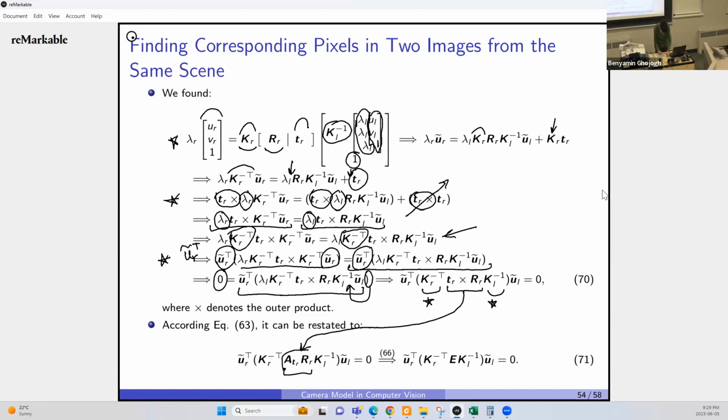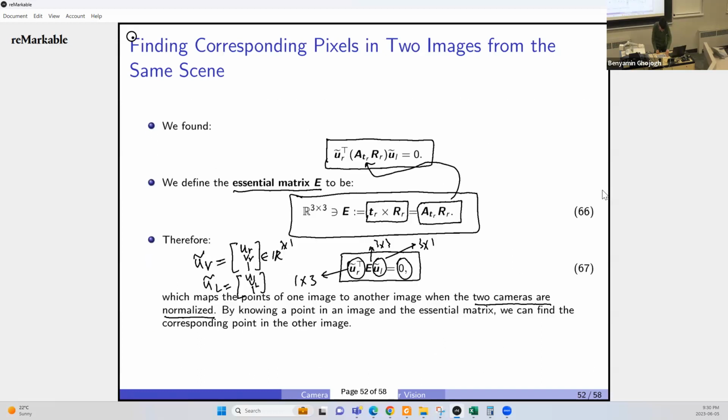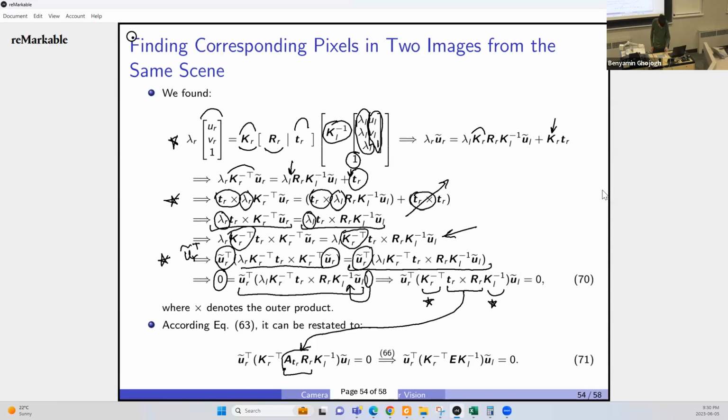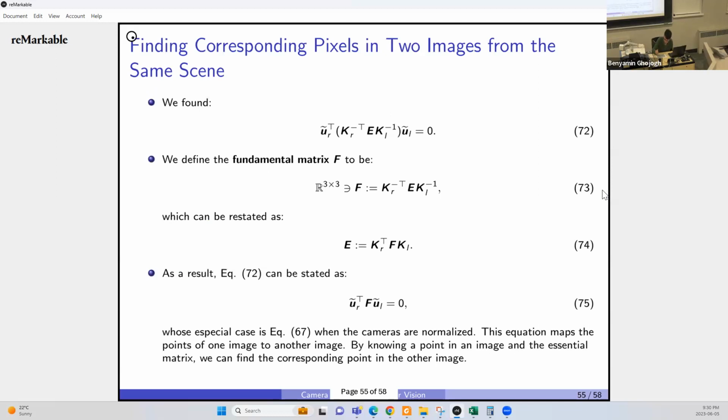In equation 66, that was the definition of essential matrix. What was essential matrix? This. It was ATR RR. E was ATR RR. So I'm using that here. Therefore, I'm replacing this with E. Okay. We found this.